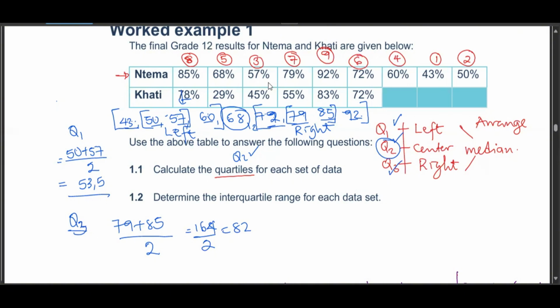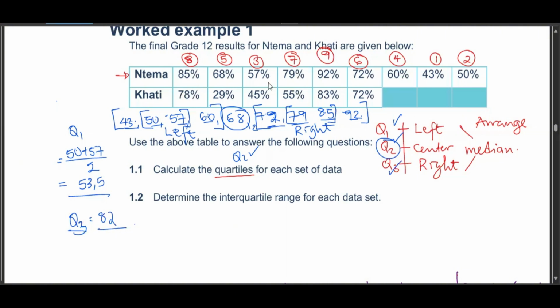Then we look at the next one, because it said calculate the quartiles for each set of data. So we finished the first one. Let's look at the second one. The next data set looks like this.